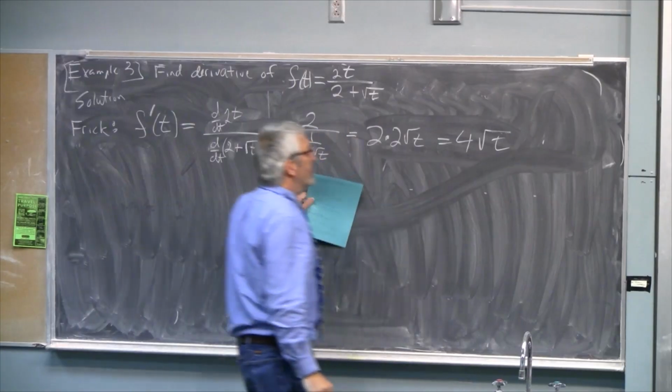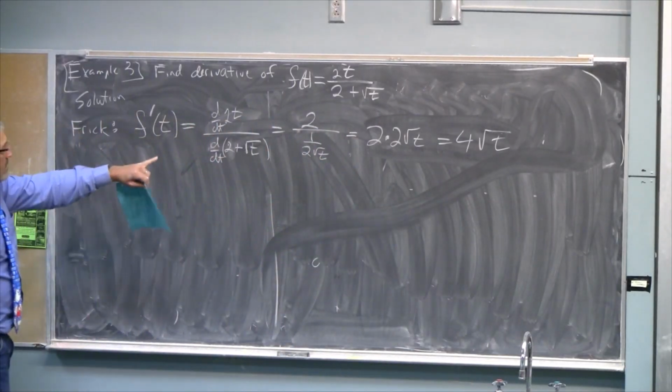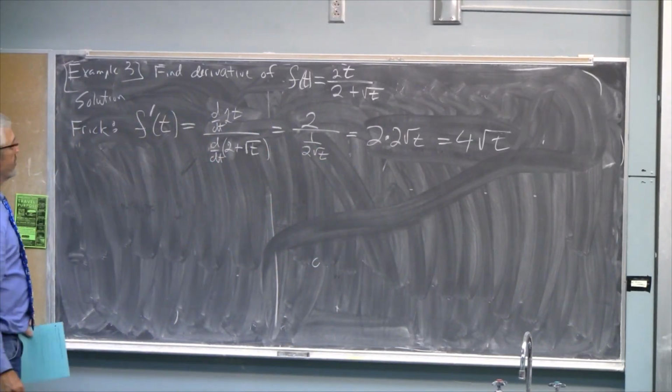All right, so Frick does the following, gets the answer 1 over 4 square root of t.